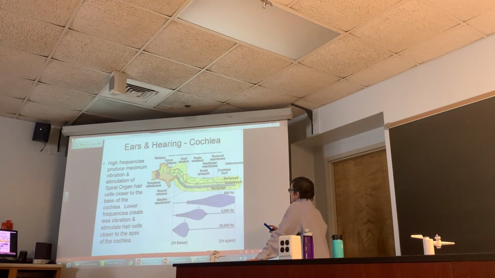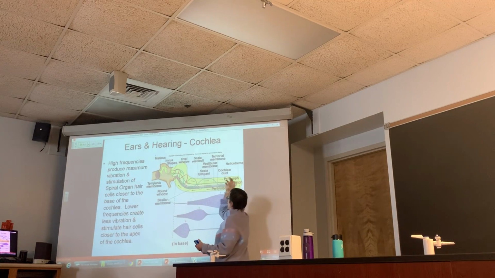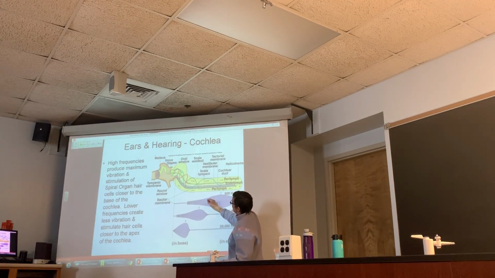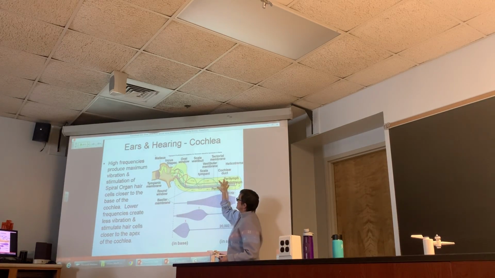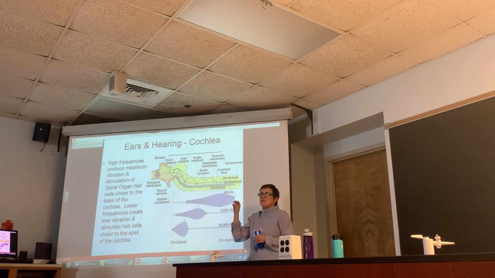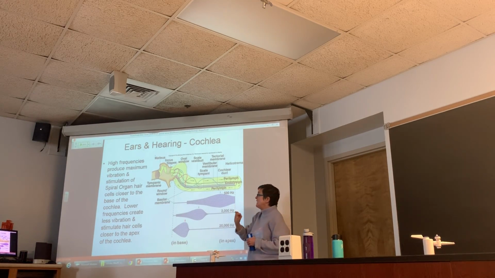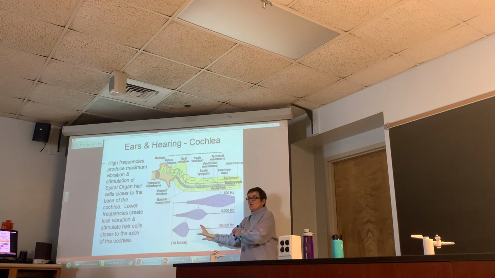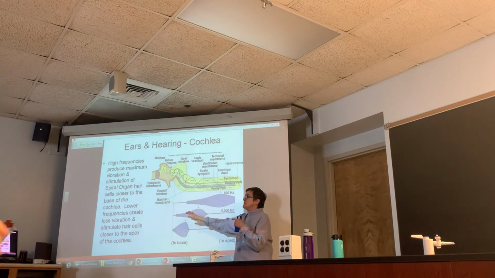Now this complicated looking picture, don't freak out about it, it's just showing you the cochlea unfurled. This is the apex of it at the end. What it's showing is that different regions of the cochlea are tuned or adapted to hearing certain frequencies. Remember that sound waves have different frequencies. High-pitched sounds have very short wavelengths, high frequency, and lower-pitched sounds have very long sound waves and lower frequency.